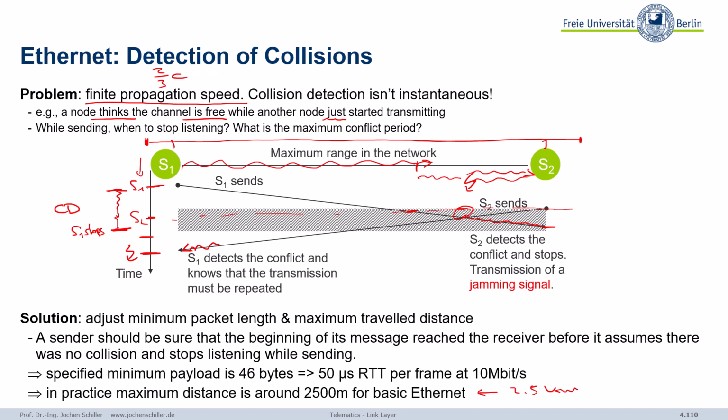Because it could be the case that we have a basic distance of 2.5 kilometers from one sender to another and 2.5 kilometers back, and then we notice that something went wrong. And this is the time how long we should be active. And this limited the distance here.